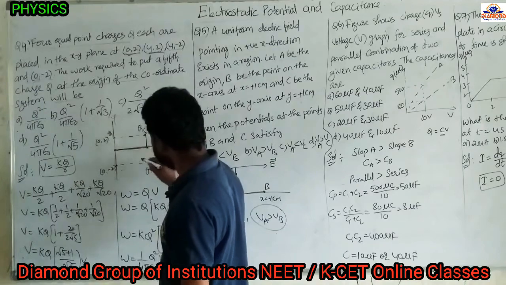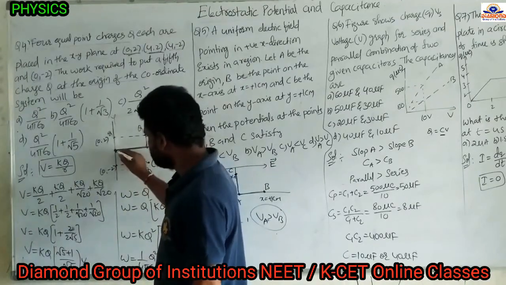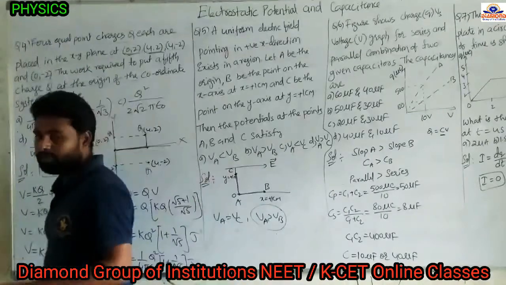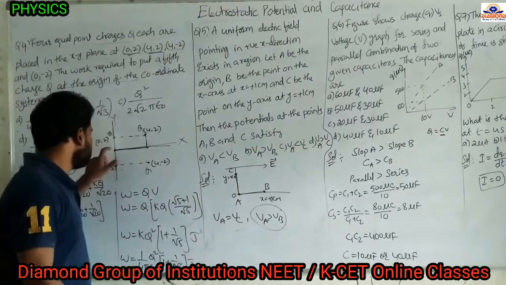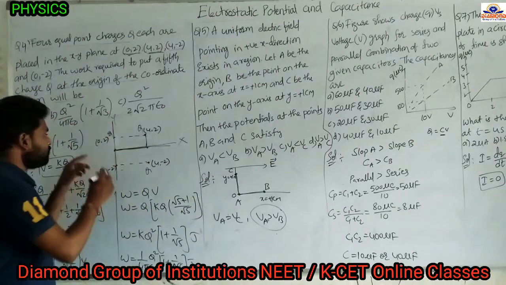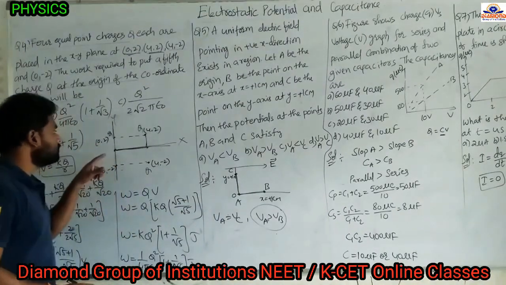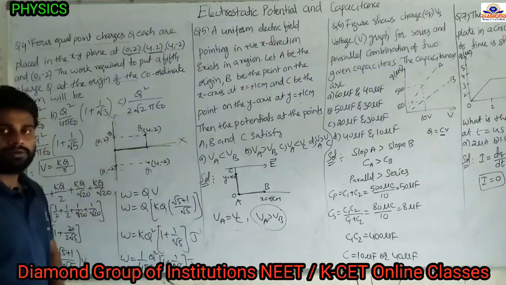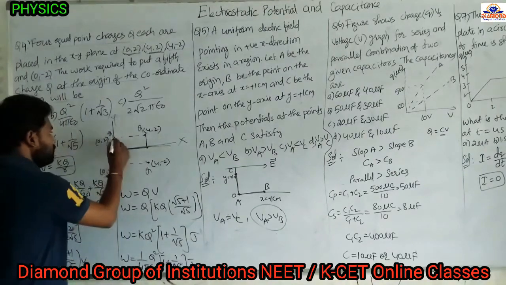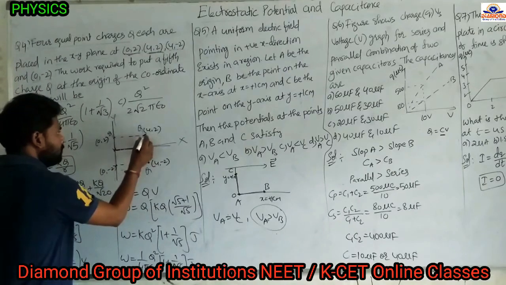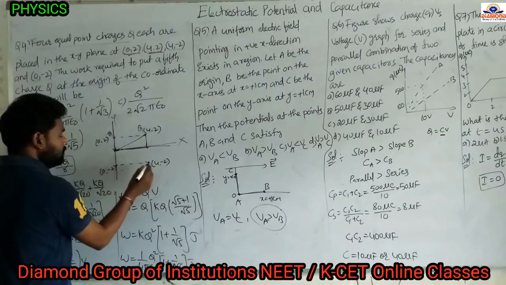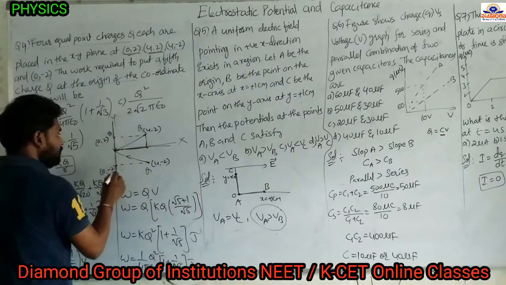Here 4 charges are placed, and next we have to bring one more charge, the fifth charge, to the origin. So that means we have to find the potential at the origin due to these 4 charges: potential due to the first charge, the second, the third, and the fourth.